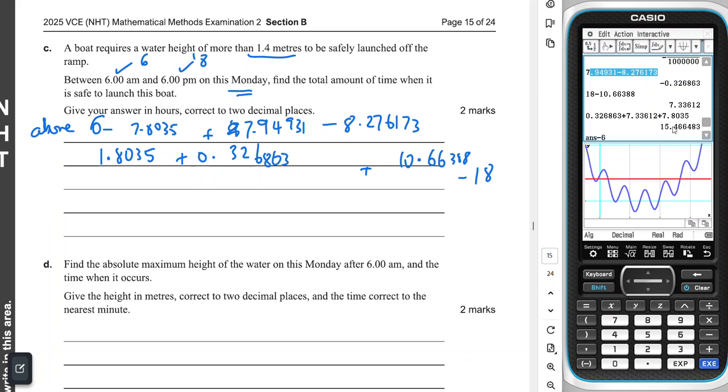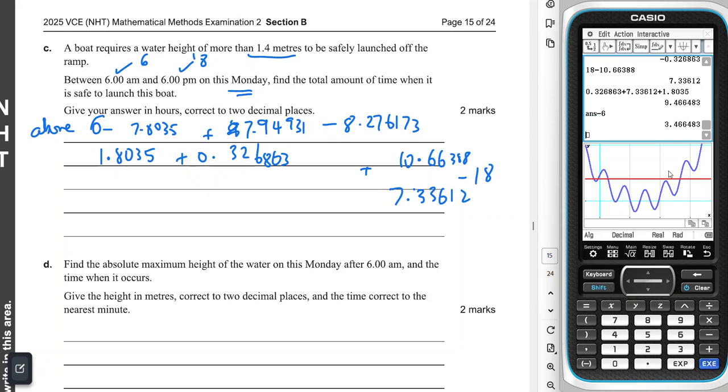Last from there to there will be between 18 and that is plus 7.33612. And that gives you an answer of 9.466483. Two decimal places, 9.47 hours.